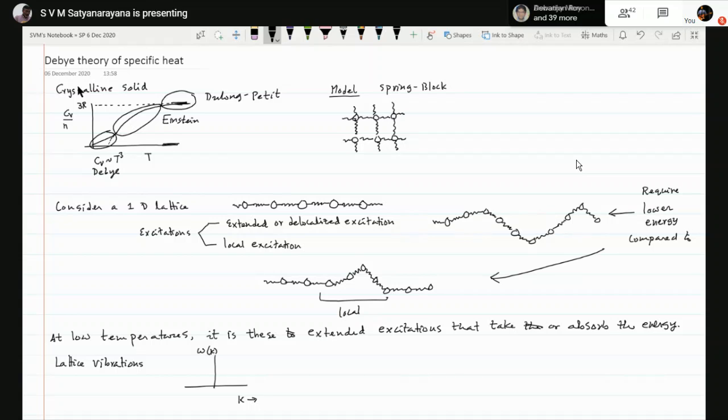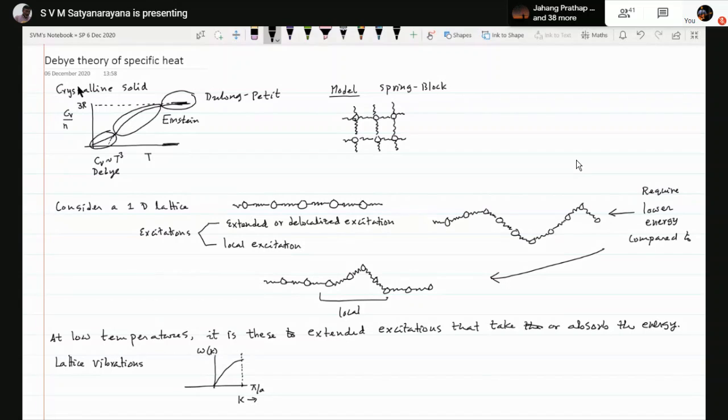Let's say this particular point here is pi by a, the edge of the Brillouin zone. Then you are going to have a dispersion relation which is something like this.